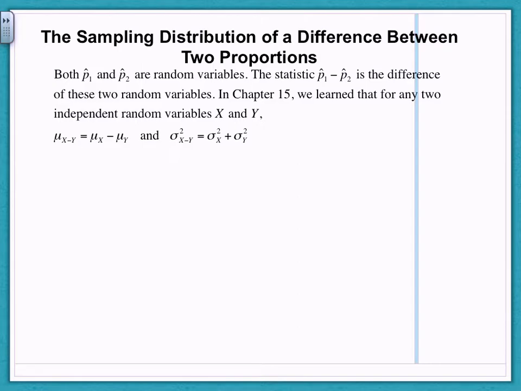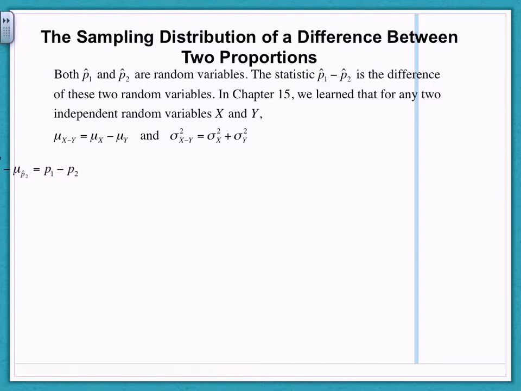Two things were different. One, we couldn't use the standard deviation; we had to use its variance. And two, we were never actually subtracting, despite looking for the difference between them. We're always adding. To find the standard deviation of the difference, we add the variances of the two random variables.